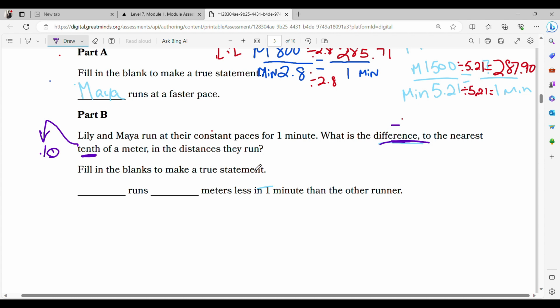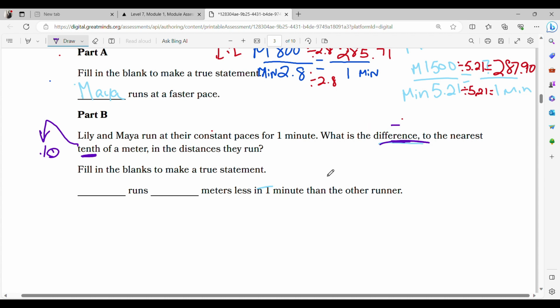You guys know what we do. We annotate as we go. Give ourselves the answers. All right, fill in the blanks to make the statement true. One runs faster than the other. Somebody runs something less meters in 1 minute than the other runner.